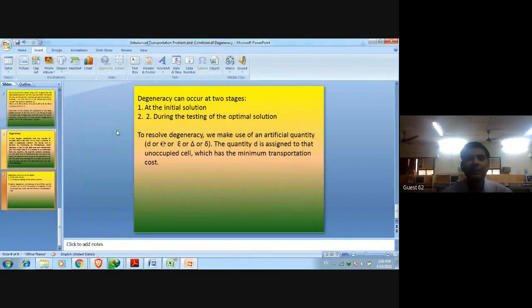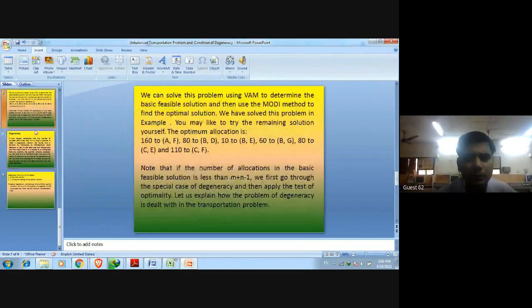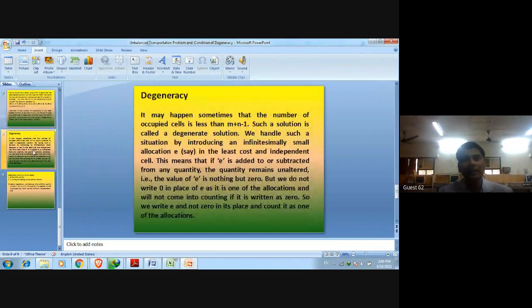Degeneracy can occur at 2 stages. Let us see what is degeneracy. It may happen sometimes that the number of occupied cells, means allocated cells, is less than m plus n minus 1. In the previous examples that we have already solved, we have always checked that the allocation was always m plus n minus 1.